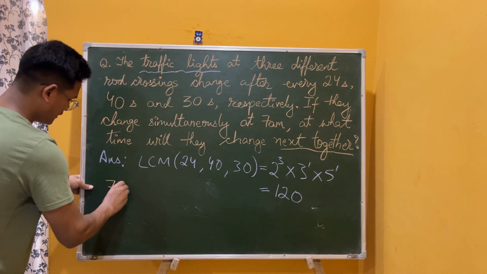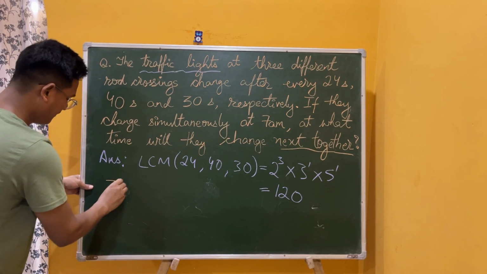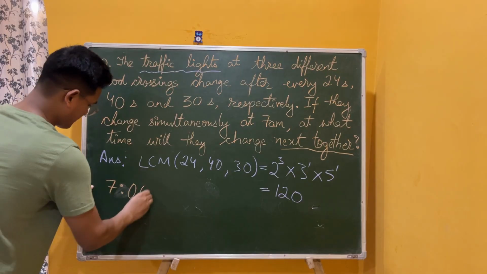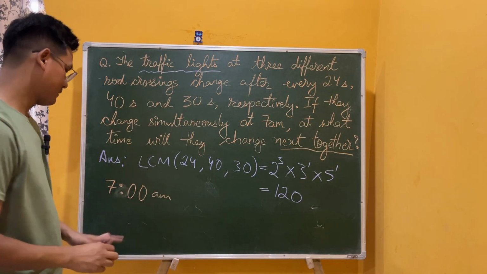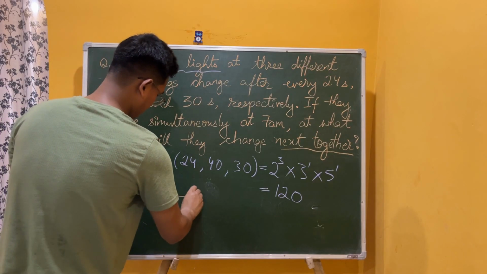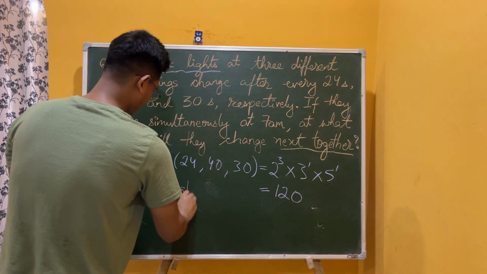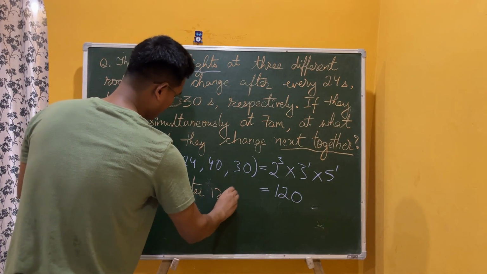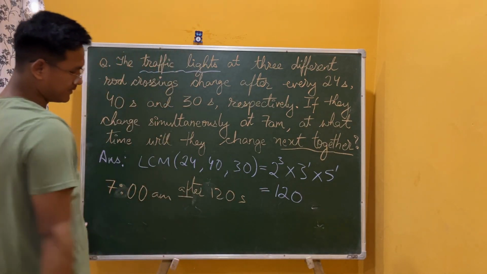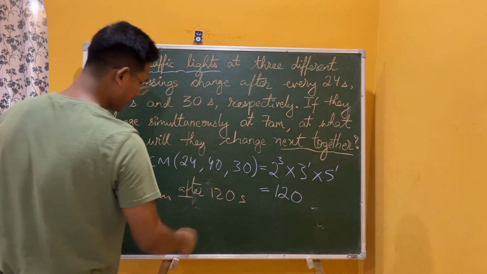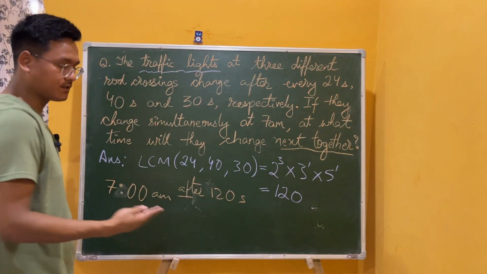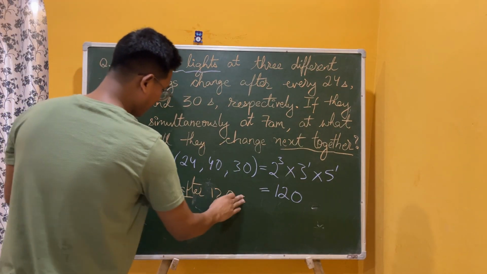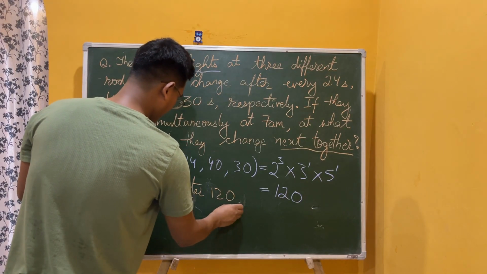First, they change together at 7 a.m. After this, after 120 seconds, it will change. So 120 seconds means how many minutes? You convert it into minutes. If it is a huge number, you can convert it into hours also. So this one will convert it into minutes.